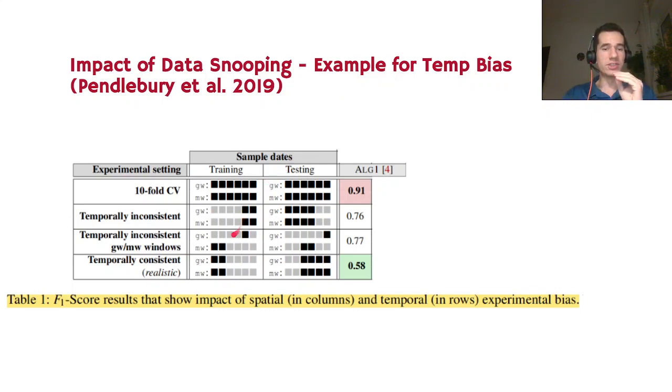Consider each of these squares as part of the data. In this case, it represents 6 months of data. The gray square means that the data are not used within the set, in this case the training set, and the black square means that data are used.